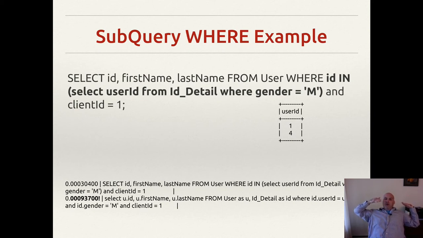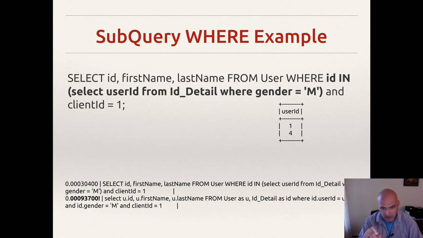Remember we talked about in as being kind of, is this thing in a set? We looked at it when we looked at using the wildcards. Now we're going to have where ID matches rows returned from this subselection. So the subselection, let's now look at that as ID details.